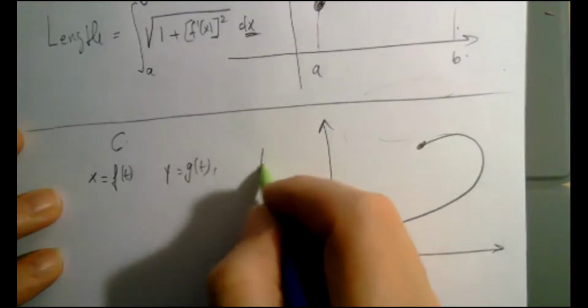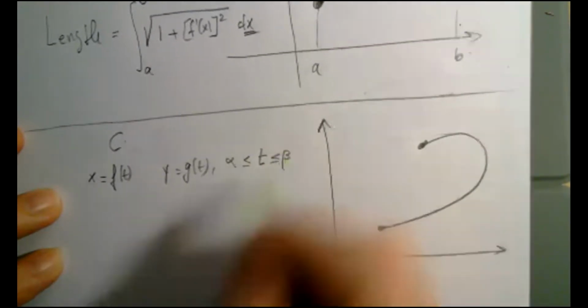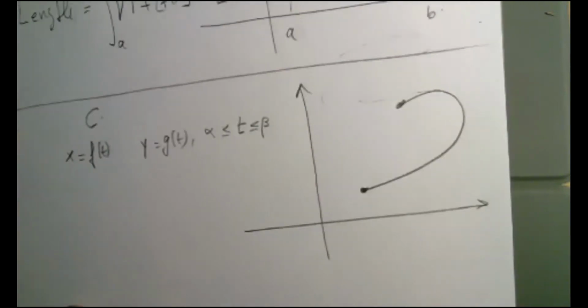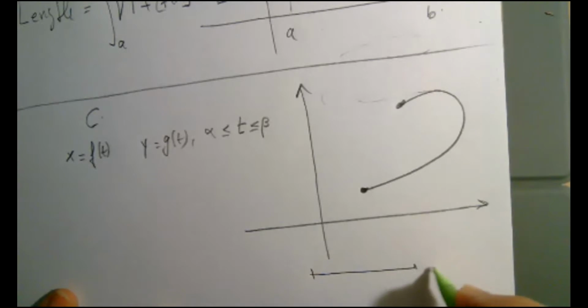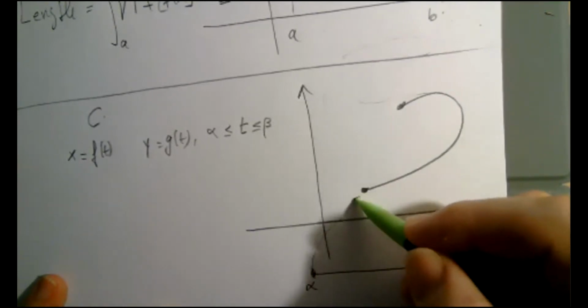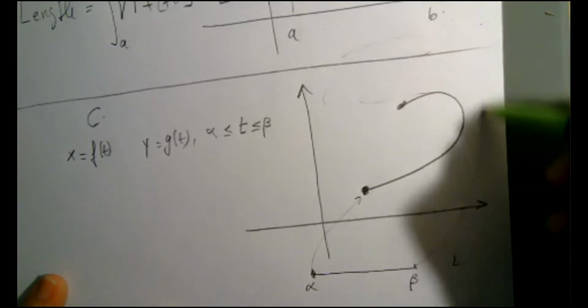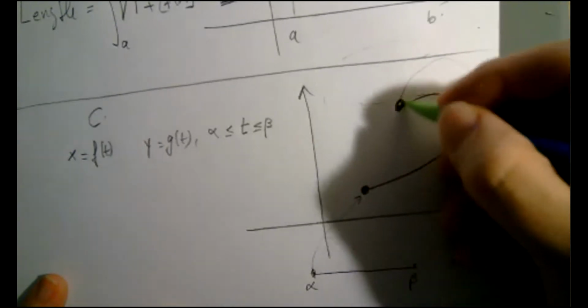So the domain for the parameter is between alpha and beta. So in my mind, I have here a t, that's the t value. This is alpha, this is beta on the t axis. For t equal to alpha, I'm assuming I am right here. For t equal to beta, I'm assuming I am right here.